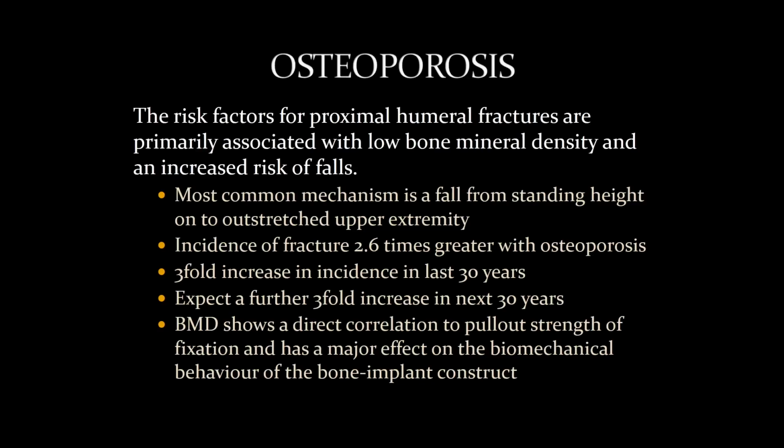The incidence of fractures is 2.6 times greater with osteoporosis, and there's a 3-fold increase in the incidence of osteoporotic fractures in the last 30 years, and we expect another 3-fold increase in the next 30 years. And if you look at your bone mineral density, it shows a direct correlation to the pull-out strength of your fixation and has a major effect on the biomechanical behavior of the bone implant construct.